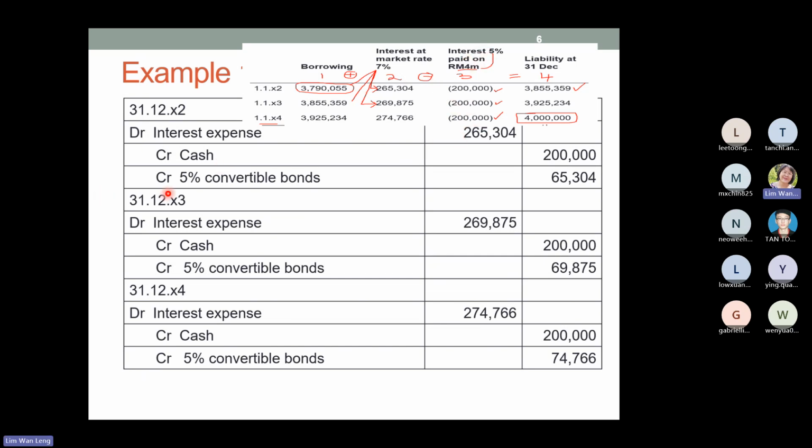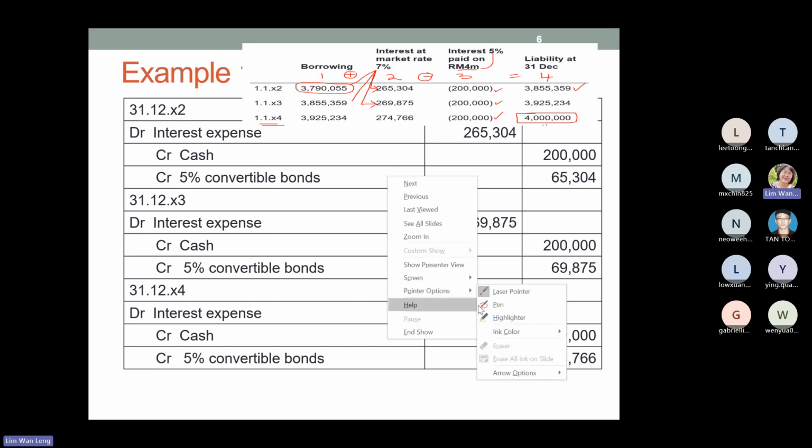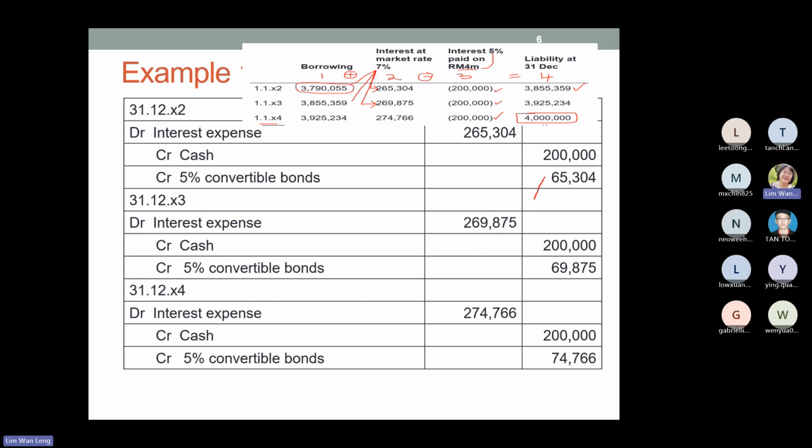Once you have paid this, the balancing figure will go to the 5% convertible bonds. So this particular 65,304 is the balancing figure. This one is from column number 2.